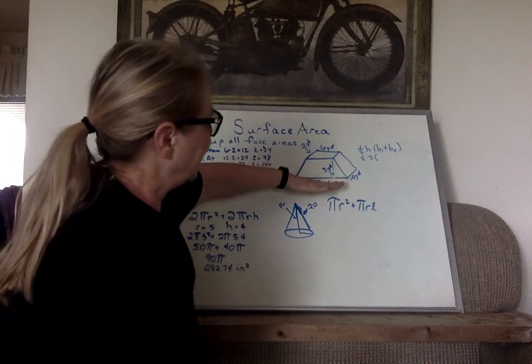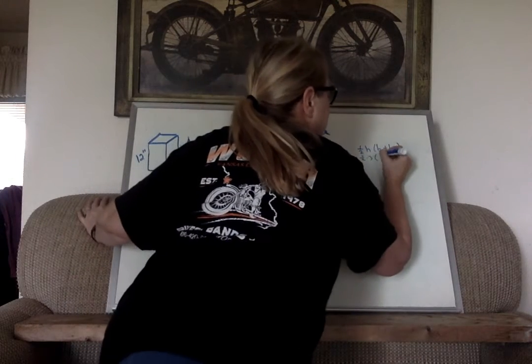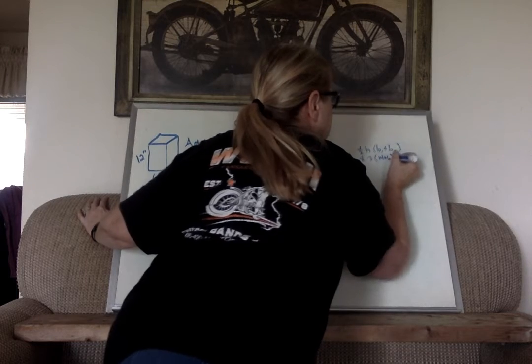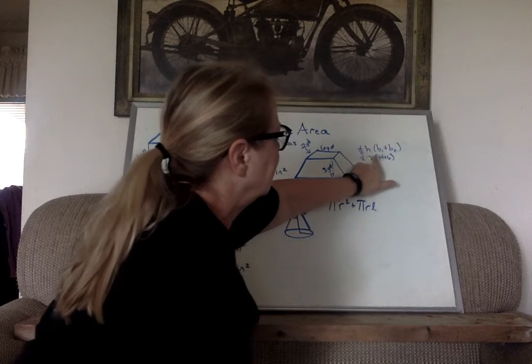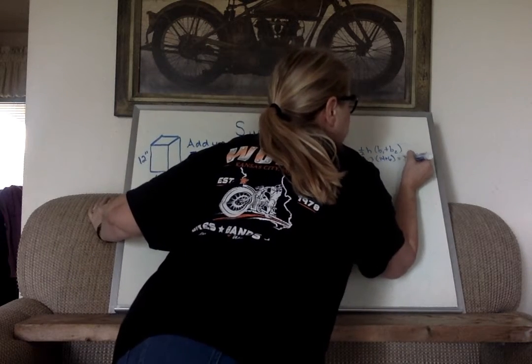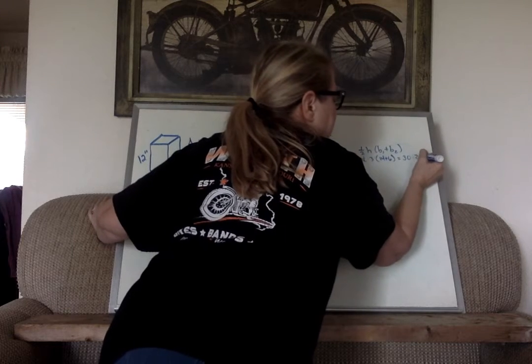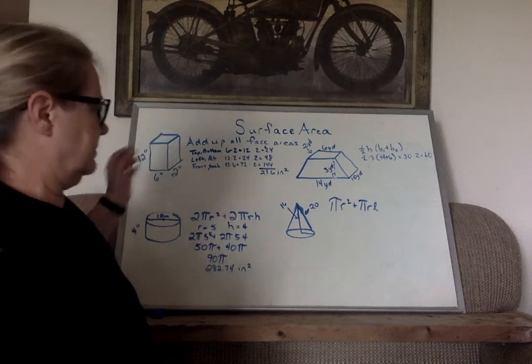The bases are 6 and 14, or 14 and 6. So 14 plus 6 is 20. 20 times 3 is 60. 1/2 of 60 is 30. And the front and back are the same. The two trapezoids add up to 60.